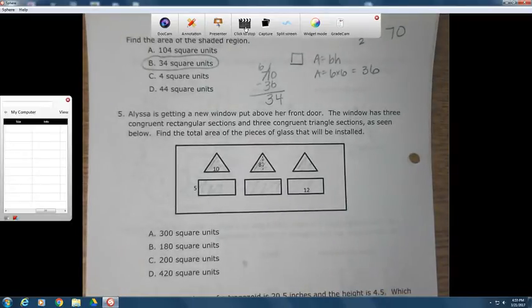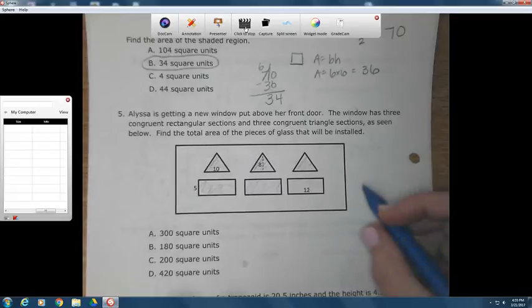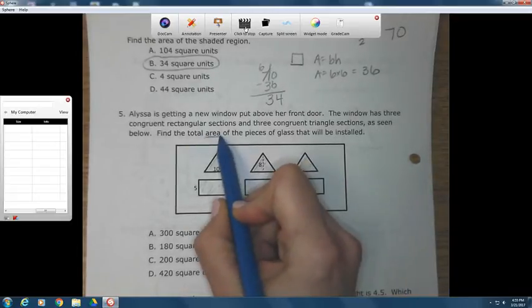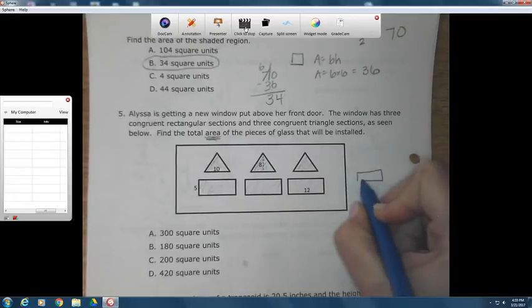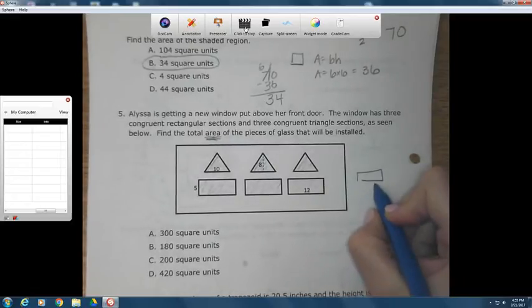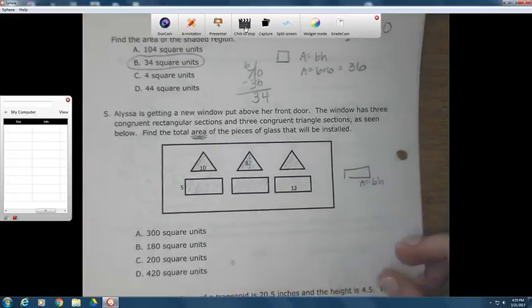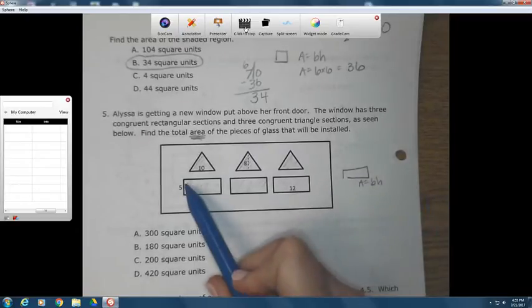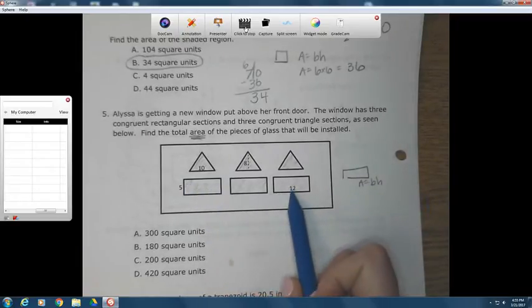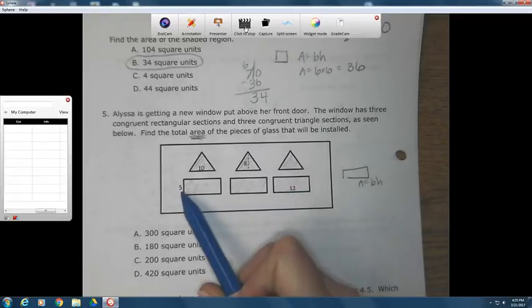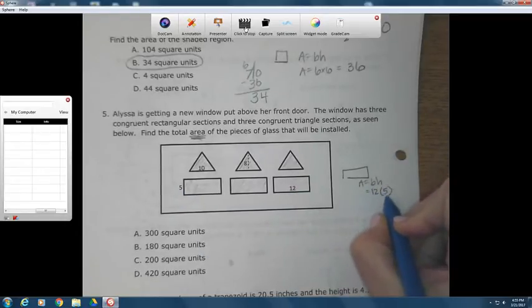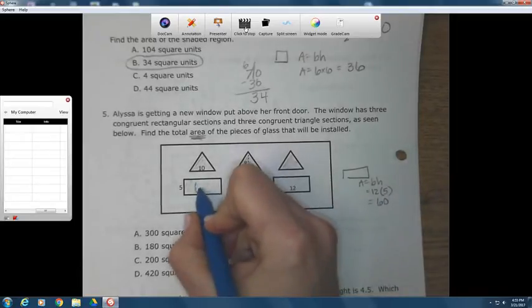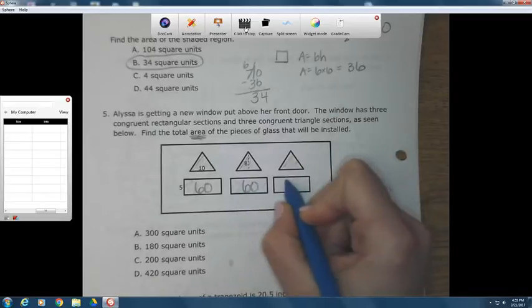We're talking area here, so I need to find the area of my rectangles. So my area is base times height. My base, if I'm looking at my rectangles, is 12, and my height is 5. So 12 times 5 is 60. So I know this is 60, this is 60, and this is 60.